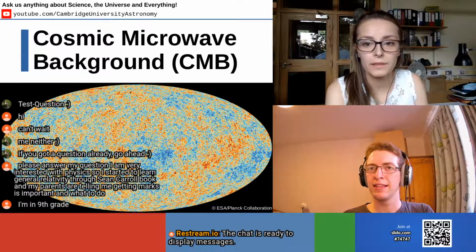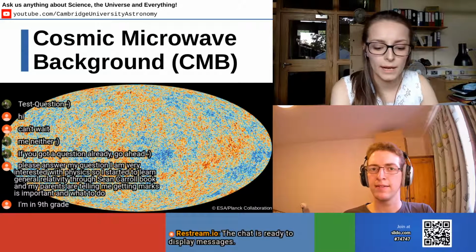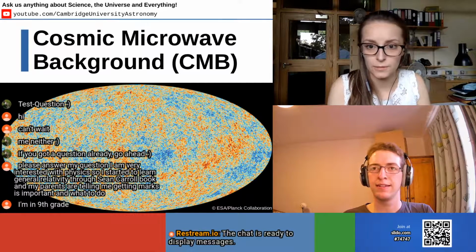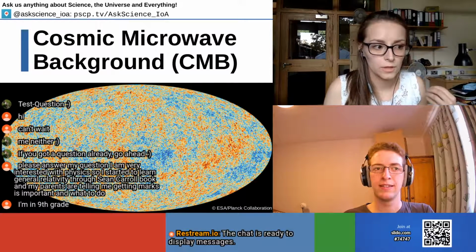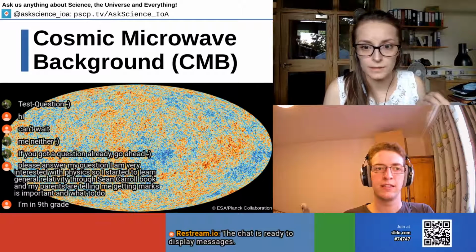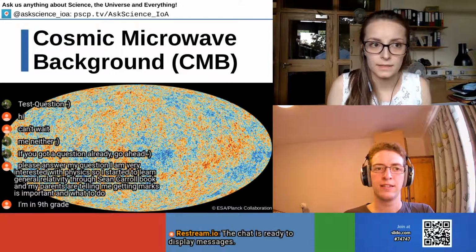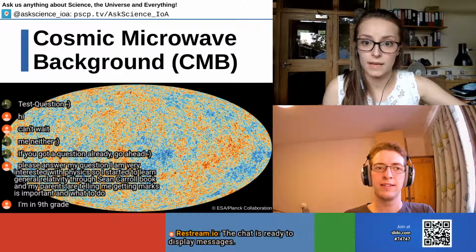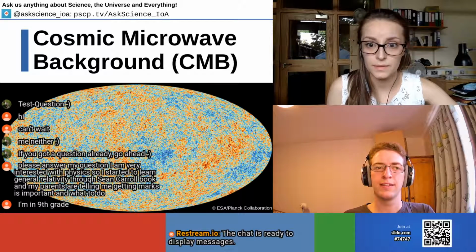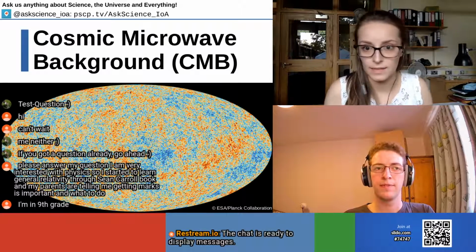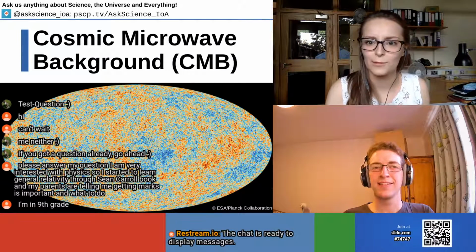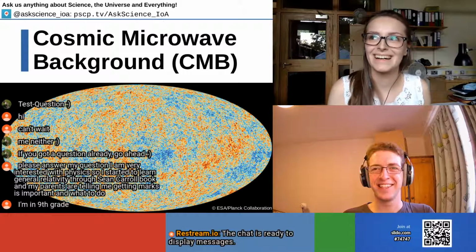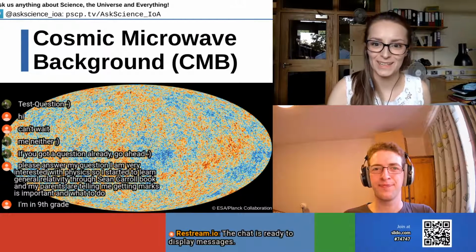They will have been weaker, because these initial fluctuations were also spots of increased or decreased density, and this density contrast just gets exaggerated as time goes on due to gravitational collapse, so the dense spots get even denser. So yeah, they were even smaller, but I wouldn't be able to tell you the exact density contrast.